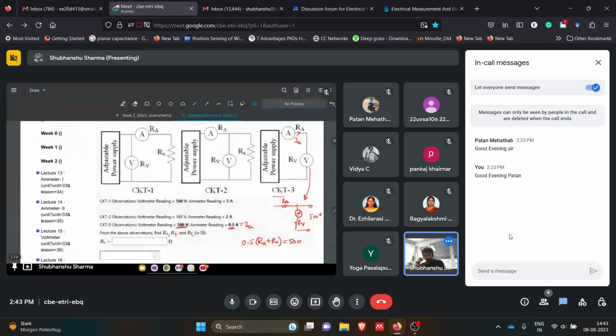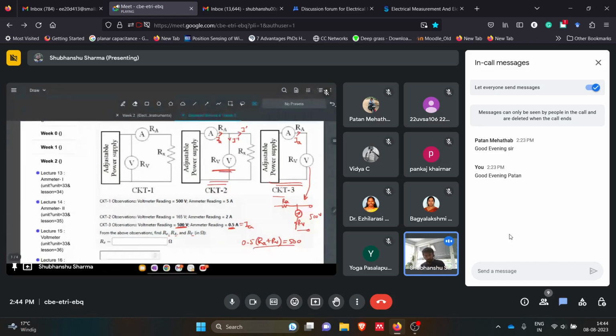So we have one equation from this. Similarly, we can have one more equation for the other circuit. Let's say the currents are IA, I prime, and I double prime. We know this voltage, and I'm only giving hints for these questions.